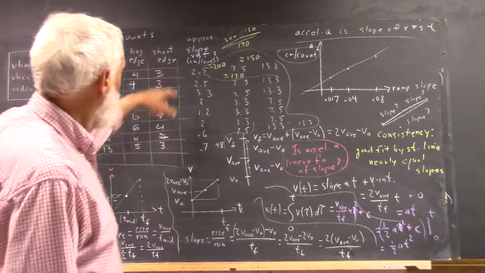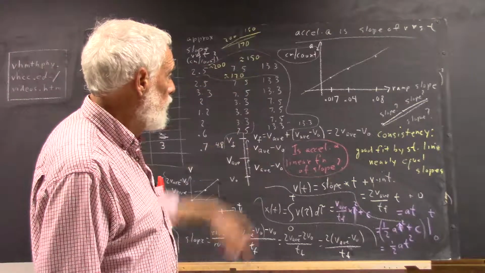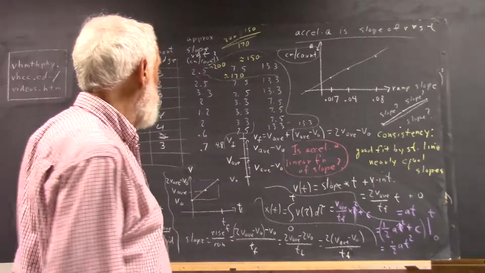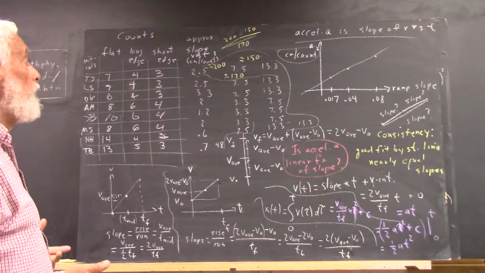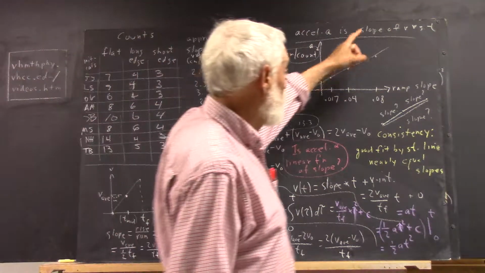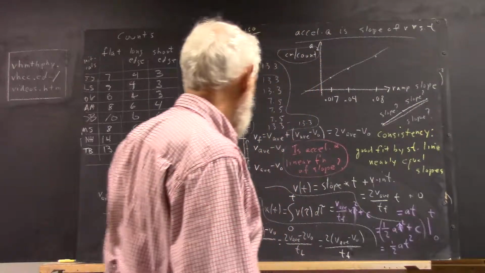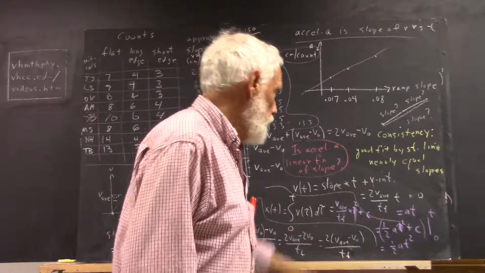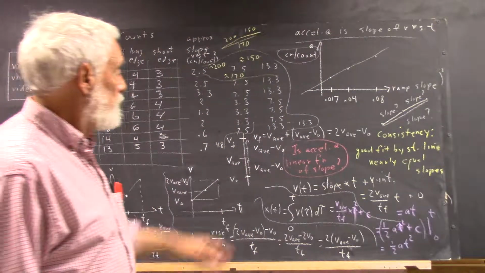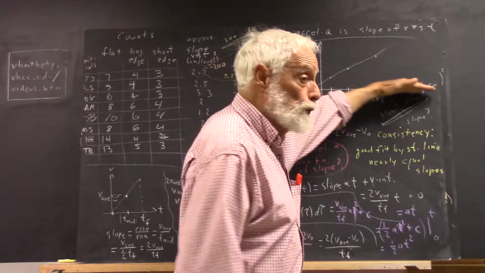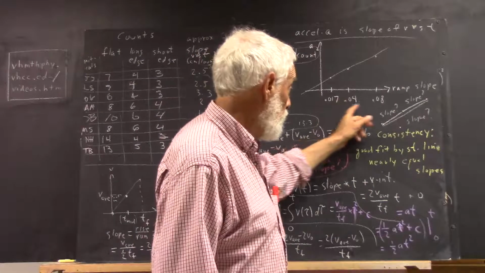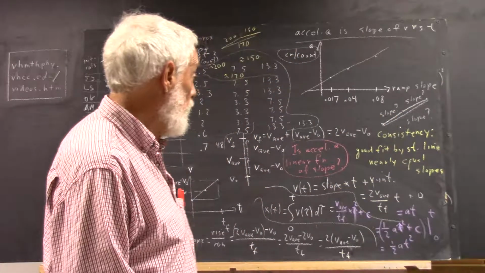Now, we calculated slopes of the v versus t graph here and here, and from that we calculated the acceleration on each ramp. Acceleration is the slope of your v versus t graph. So we do the 3 accelerations here versus the 3 ramp slopes, which I calculated for you, but it's very easy to calculate.